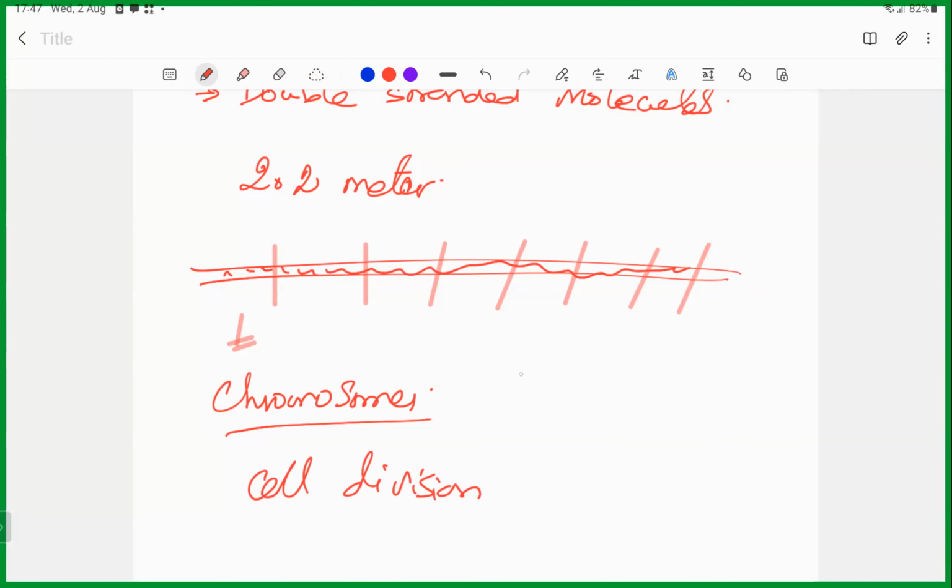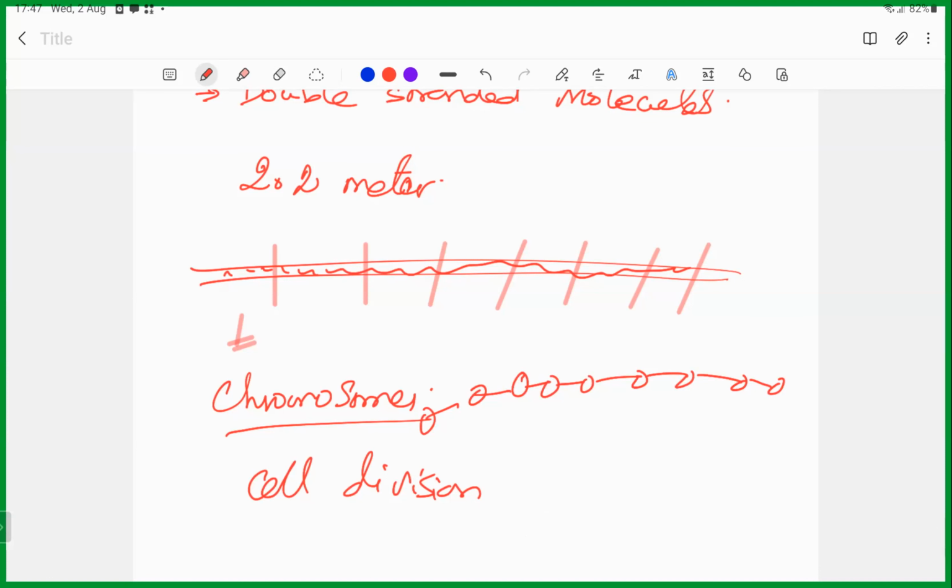Like this, the chromosomes are present normally, but during the cell division process, especially mitosis, there are four phases of mitosis. In higher class, I think in class 9, you would have studied about cell division.